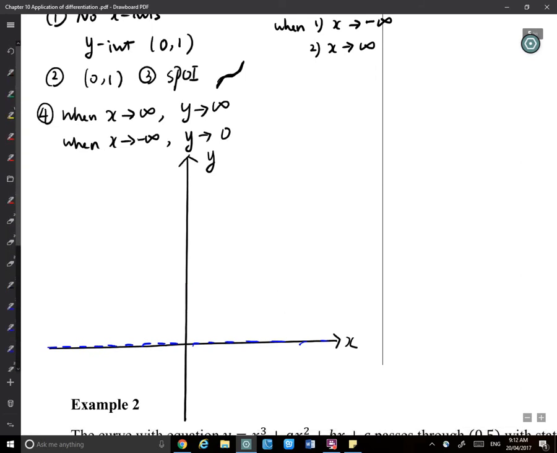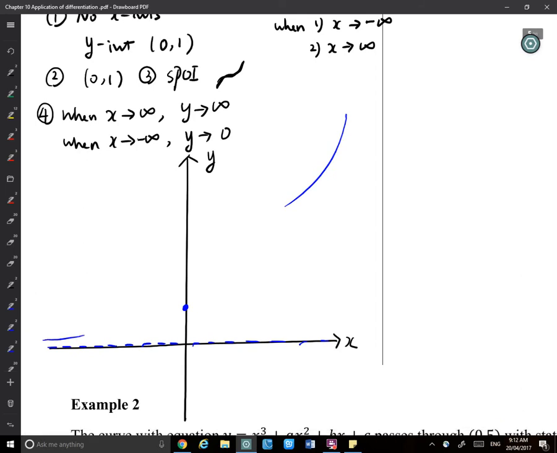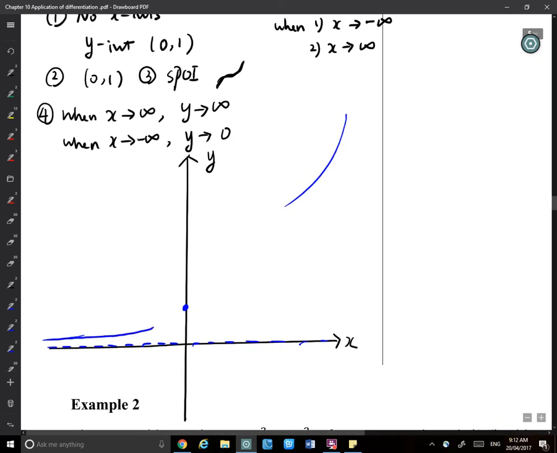Let's make it lower. Let's say (0, 1) is here. To this end, you have the graph really tall, like up here. To this end, you have an asymptote, approaching 0 at the negative end. And you have a stationary point of inflection there. So you can think about your graph.